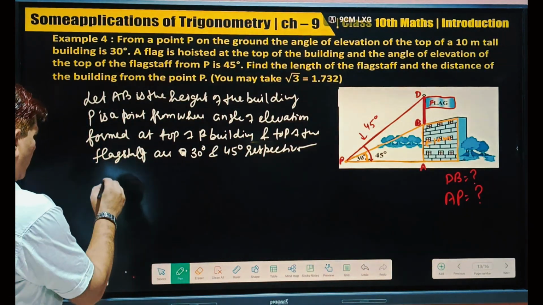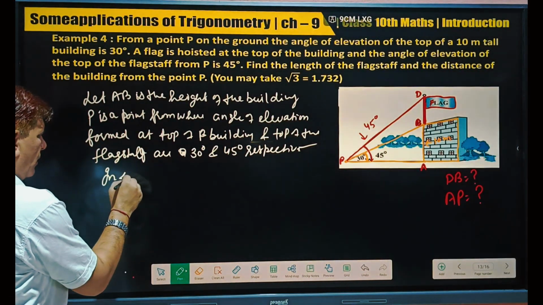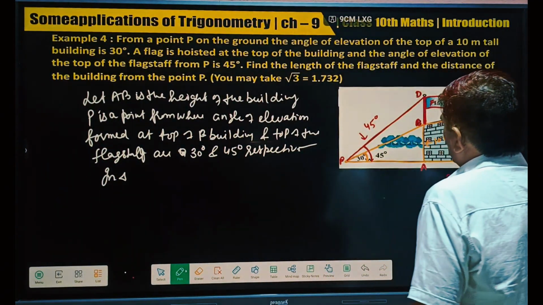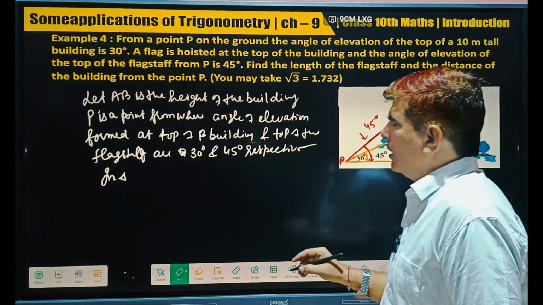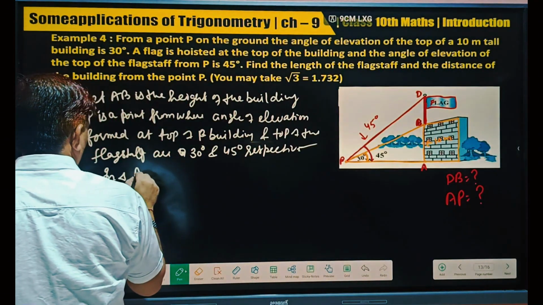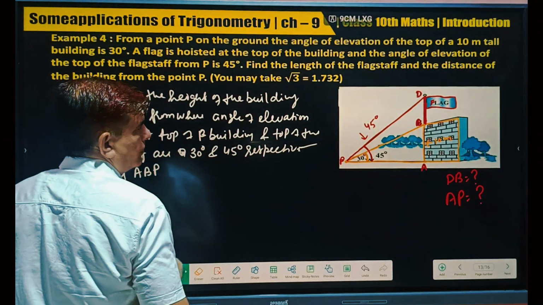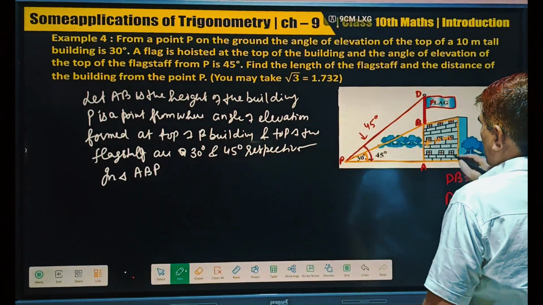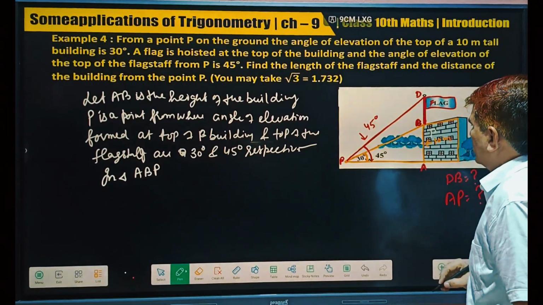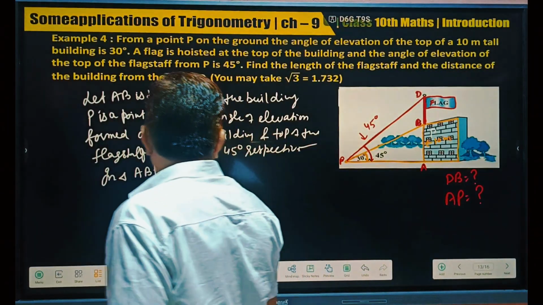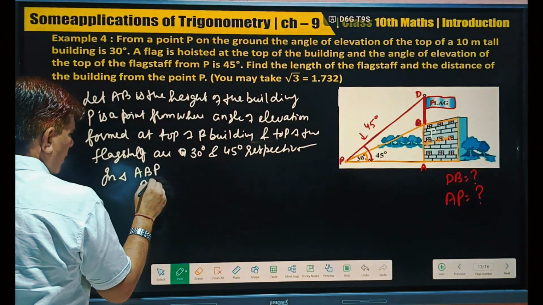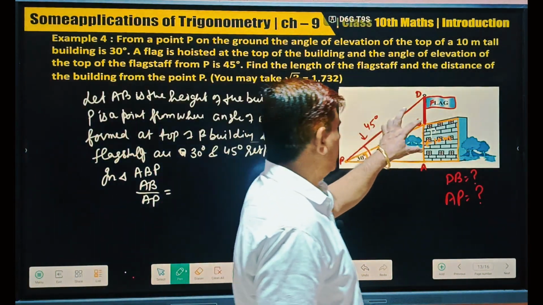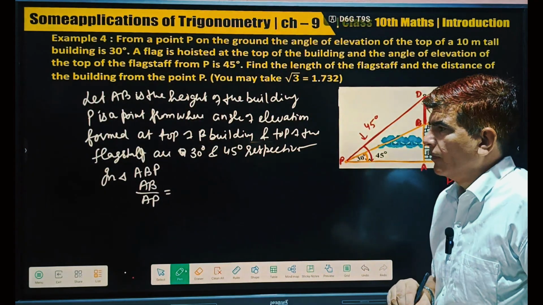Understood? First we take triangle ABP. In ABP, this angle is 30 degree. So opposite to this is perpendicular. So AB by AP, perpendicular by base, is what?